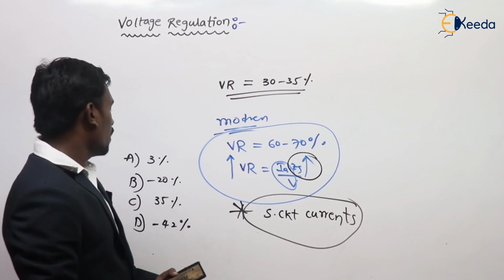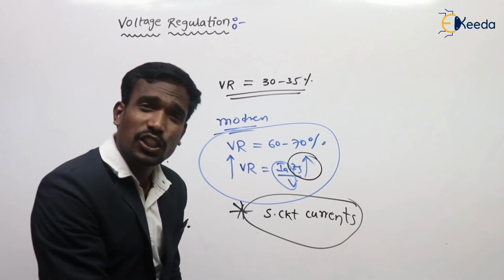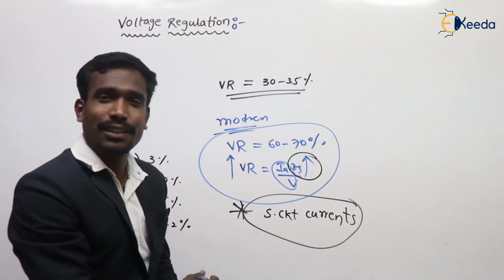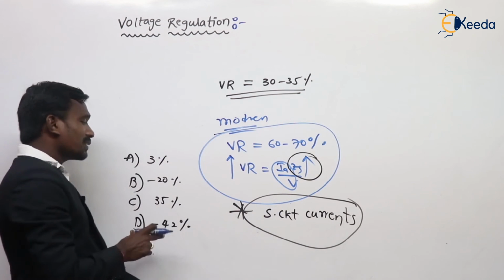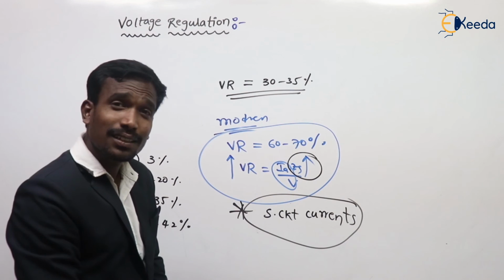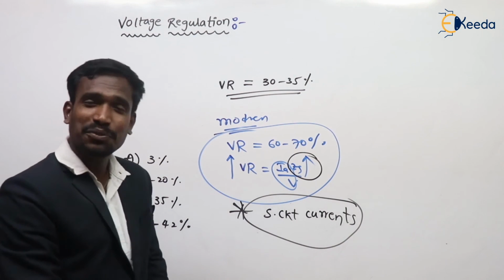Which of the following is the best, required voltage regulation?